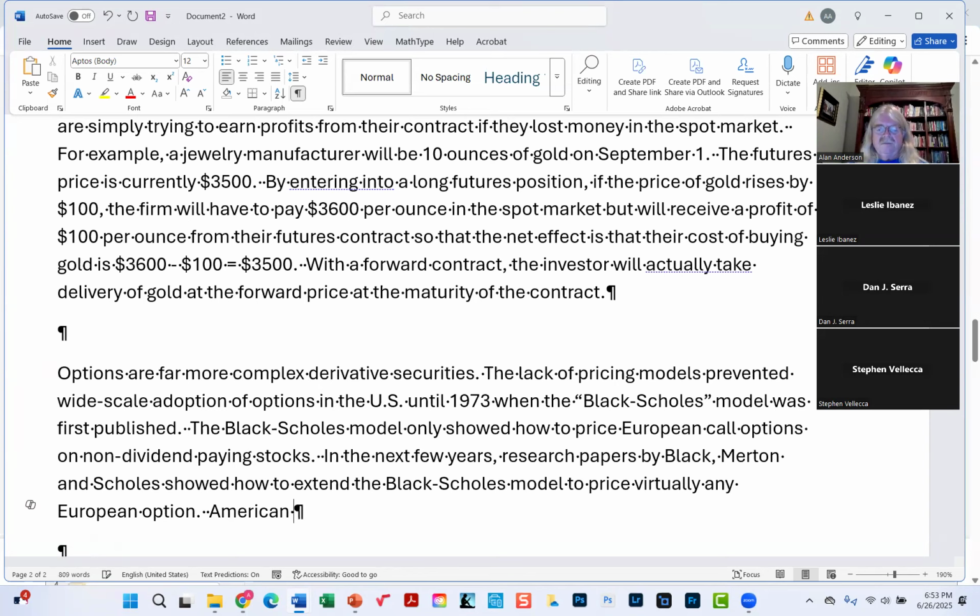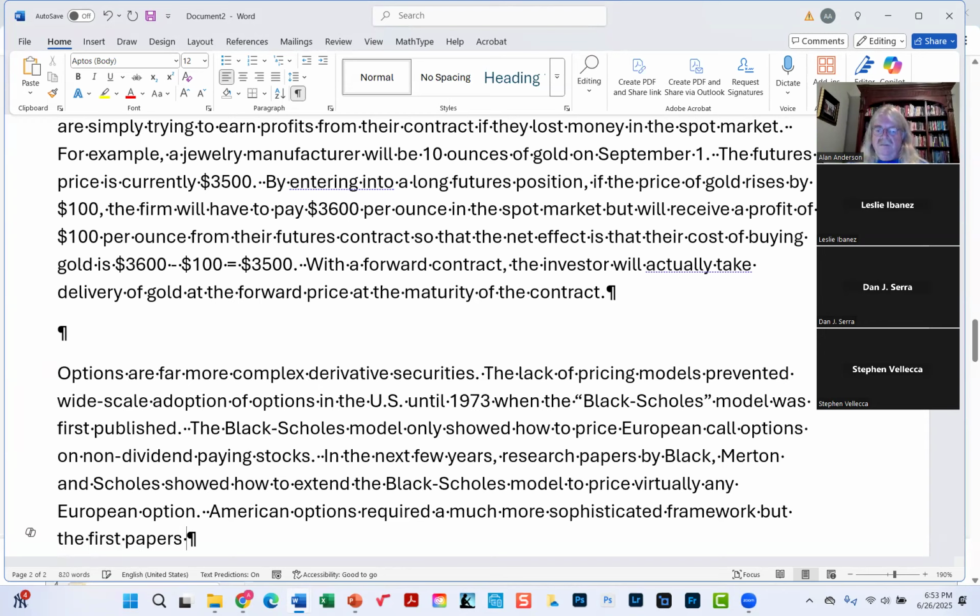American options required a much more sophisticated framework. But the first papers that showed how to price American options based their models on the Black-Scholes model.